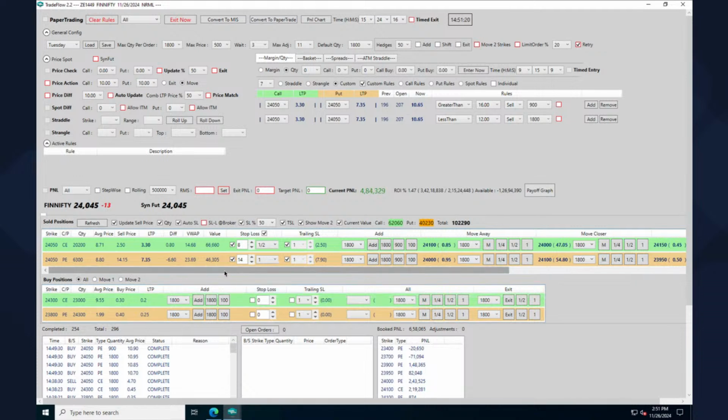So we had stop loss at about 10 rupees, right? So right now it again came back. So I can probably add a few more and then see.